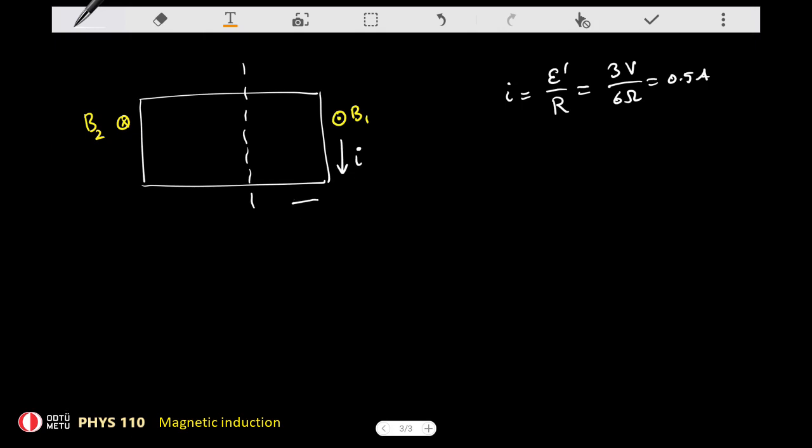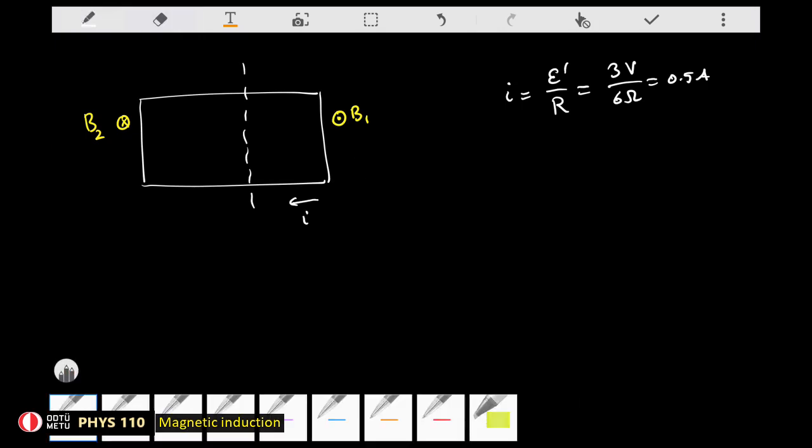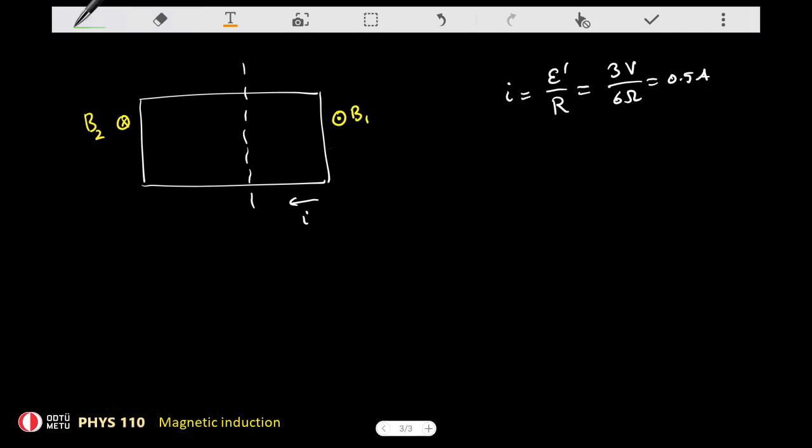So let me draw the current like that. So that means I'm going to show the forces with a green color. So on this side, what's the direction of the force, the magnetic force? Force applied by the magnetic field on the side.